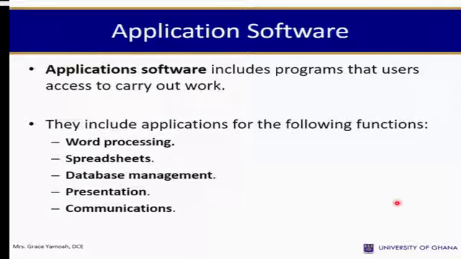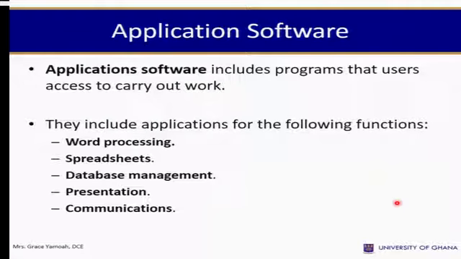Application software includes programs that users access to carry out their basic and daily routines and itineraries. They include applications for the following functions. We have word processing, typing of documents, letters. We have spreadsheets, calculating numbers and doing formulas and activities on the computer.